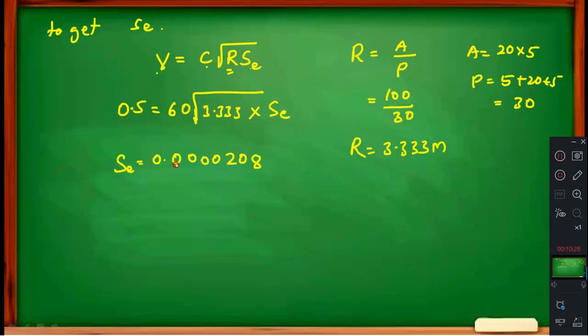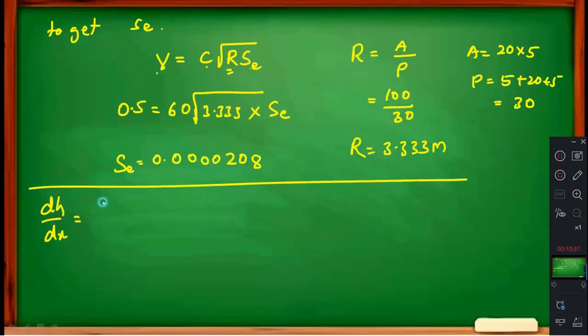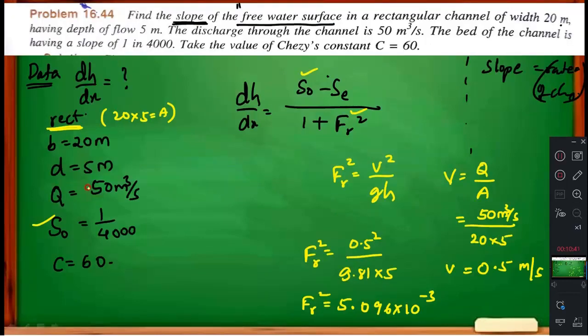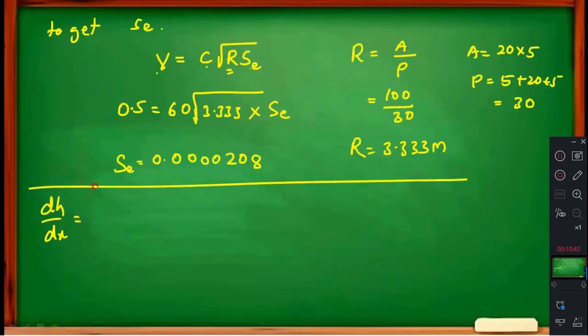Any doubts? No doubts. Now everything is known to you. Substitute. What is dH by dx equal to? S naught is given, 1 by 4000. This is 1 by 4000 minus 0.0000208 divided by, what is the equation, 1 minus Fr square.